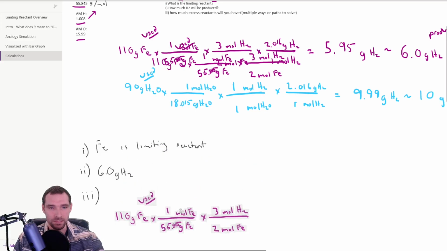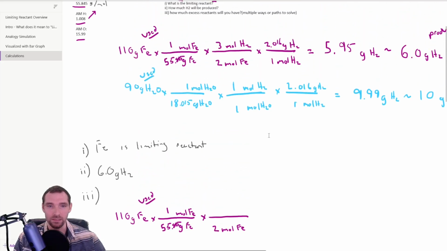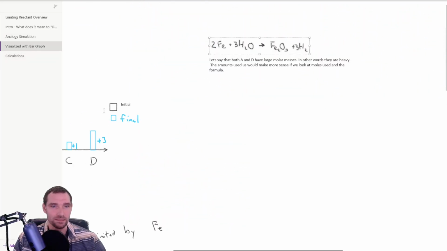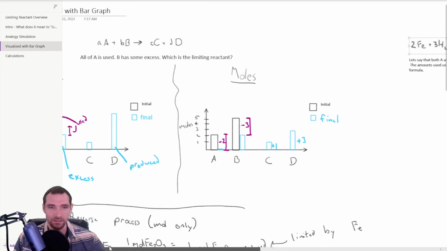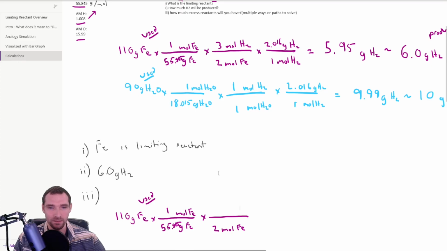In other words, I now know that I've used a certain amount of iron, and I want to know how much water that would react with. So I'm basically saying, okay, I know what this change was. I want to know what that change was, and I'll be able to calculate what's used there in effect.